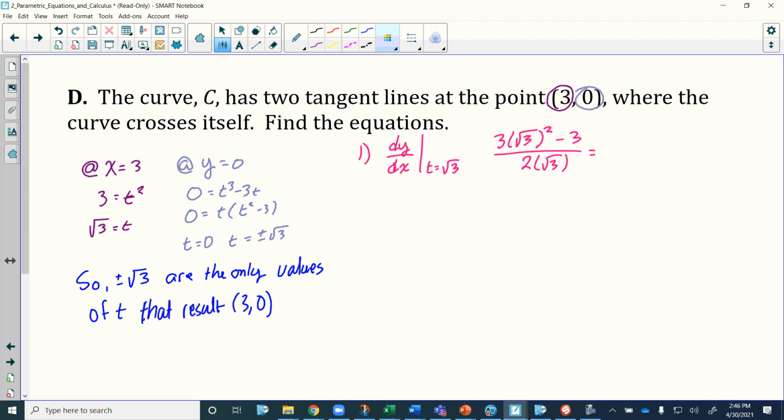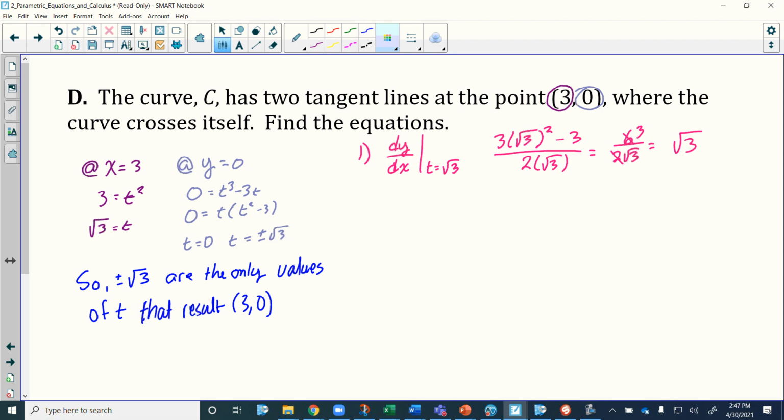And that would simplify to be, square root of 3 squared is 3. 3 times 3 is 9. 9 minus 3 is going to give me a 6 over a 2 radical 3, which would simplify. The 2 and the 6 simplify to be 3 over radical 3, and when I rationalize that, 3 over radical 3 will just simplify to be a square root of 3.